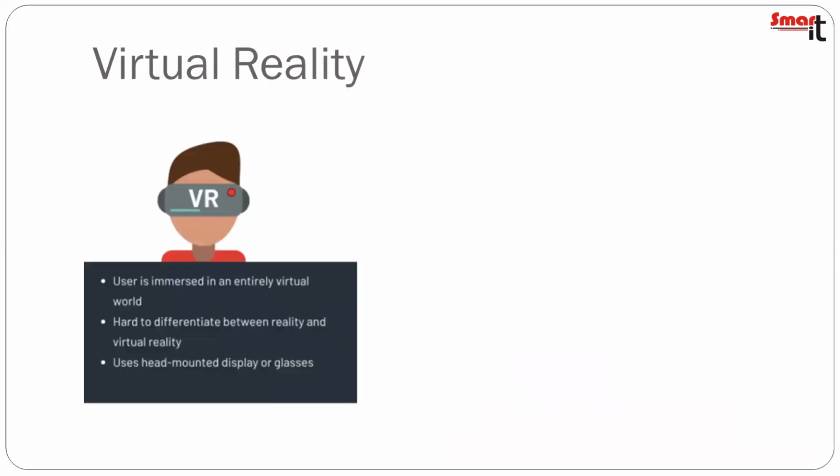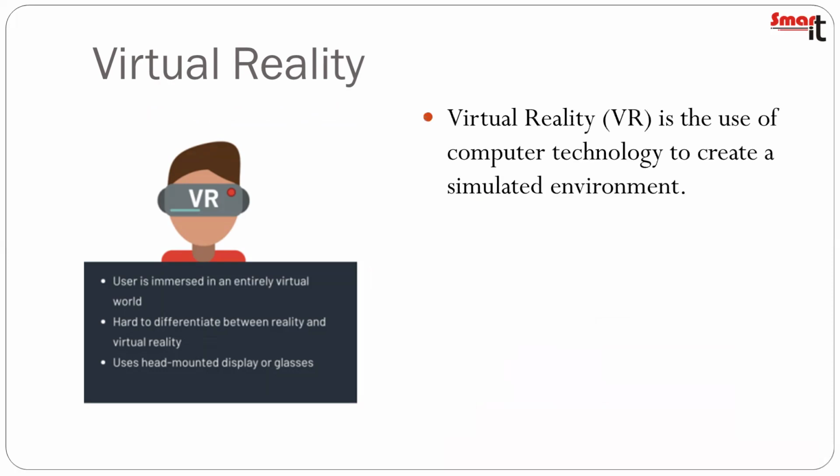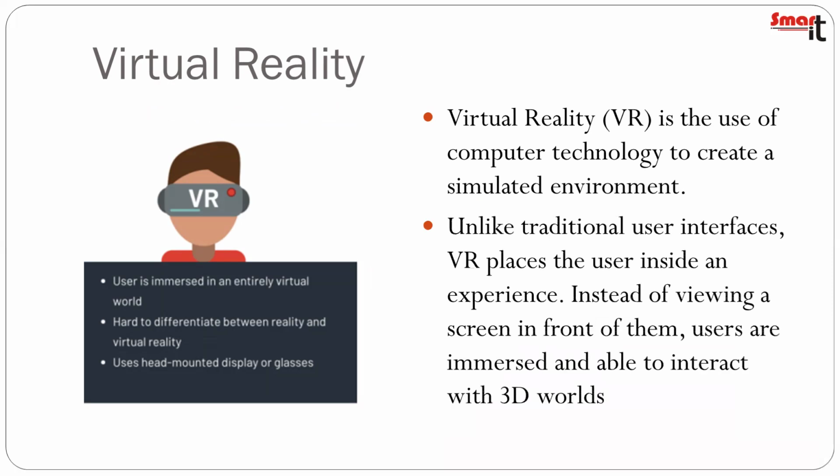Right, and we are going to talk about virtual reality. What is meant by virtual reality? VR is the use of computer technology to create a simulated environment. Actually, that environment is not here, but we experience a simulated environment. That is called virtual reality.